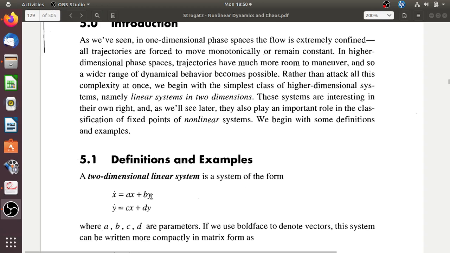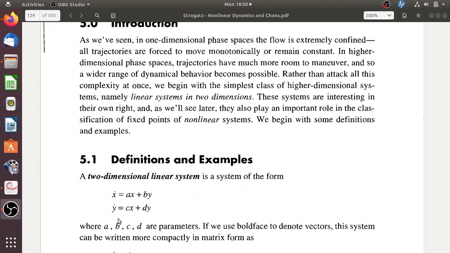In order to be linear, x and y are related to x dot in the following manner, where the parameters a, b, c and d are the system parameters, which are just constant. So this is how a general 2D linear system will look.